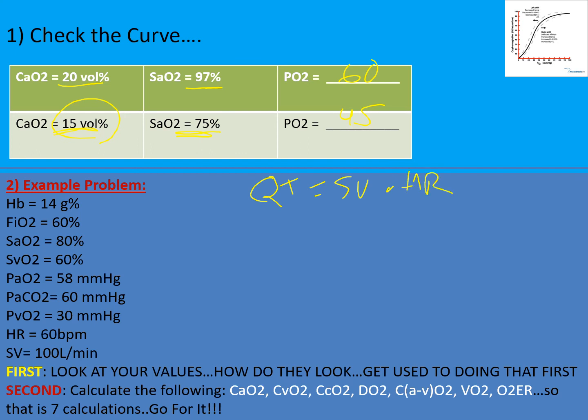Okay, so under here, I need you to change stroke volume to 100 mLs per minute. So that's in milliliters. Okay, so it's just a unit change there. Not a number change, just mLs instead of liters. 100 liters per minute, it's like a giraffe. Stroke volume. We're not doing this. We're doing this on a human. So 100 milliliters a minute.